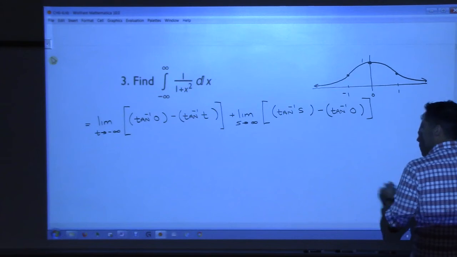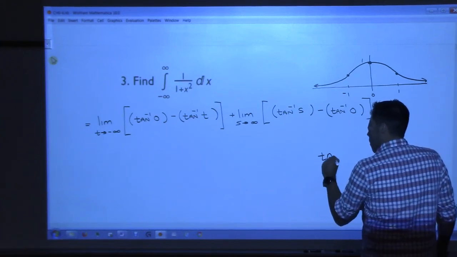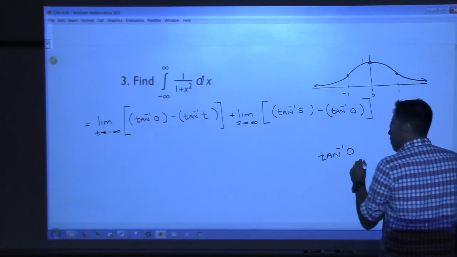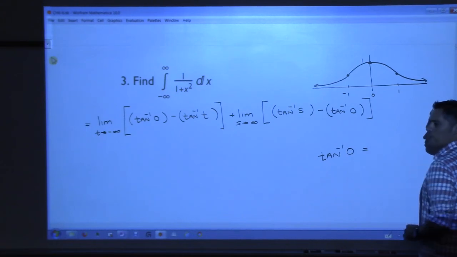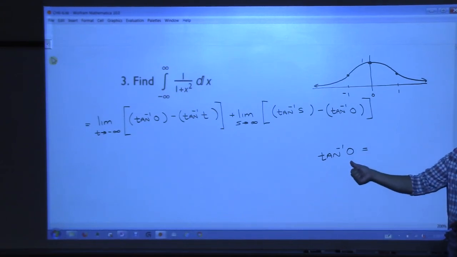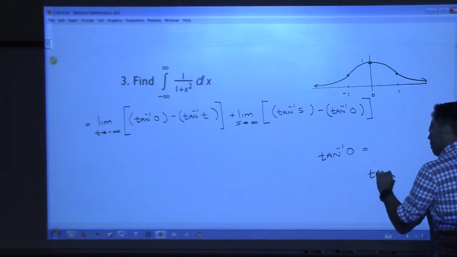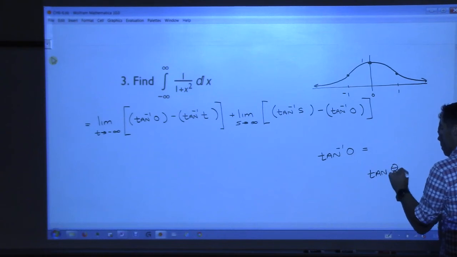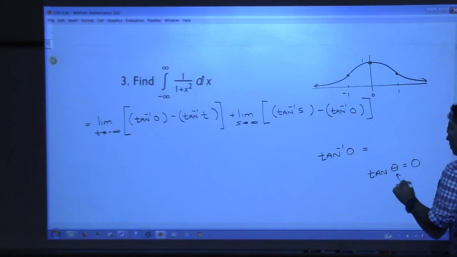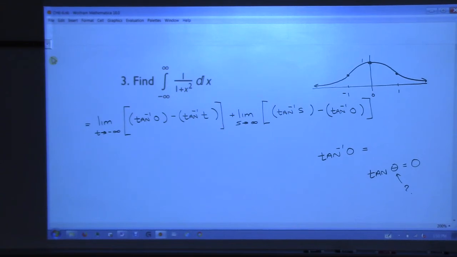Arctangent of 0 means we're trying to figure out what angle you take tangent of to get 0. So this is really saying tangent of some angle, I'll call it theta, equals 0. What's that angle? It's 0. It might help you if you actually know what the tangent function looks like.